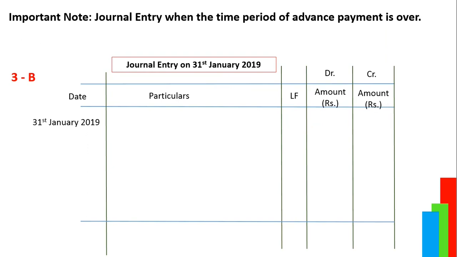So when the first month, that is January 2019, is over, a part of the asset in the form of prepaid rent, which in reality is an asset, becomes an expense. So on 31st January 2019, the rent for the month of January becomes expense.